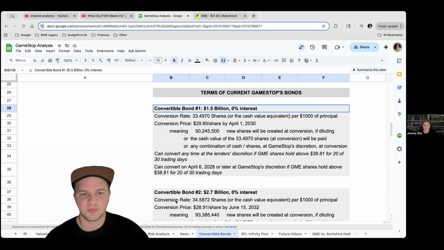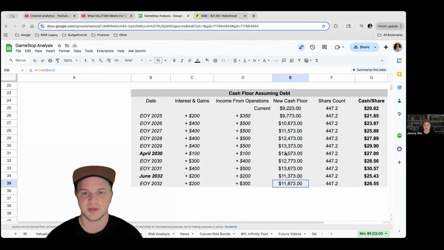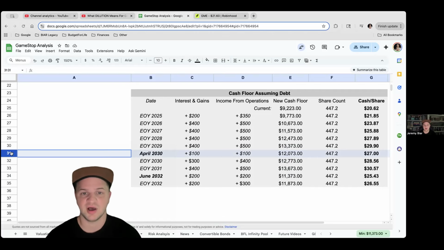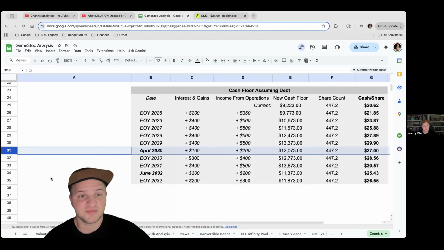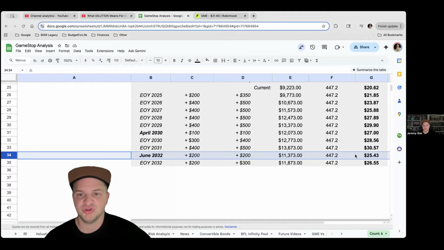2.7 billion, 1.5 billion. So your share count stays the same, but your cash floor, your market cap represented by cash, is then written off. 1.5 is written off in April, 2.7 is written off in June.